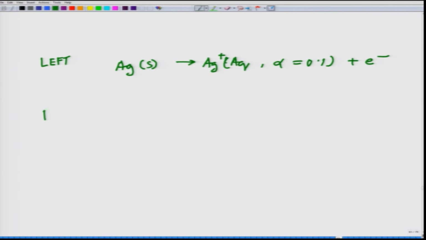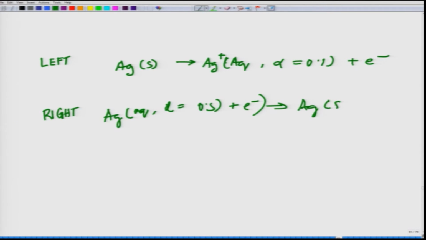Similarly, on the right hand side, it is Ag plus aqueous, concentration 0.5, plus an electron giving Ag solid.